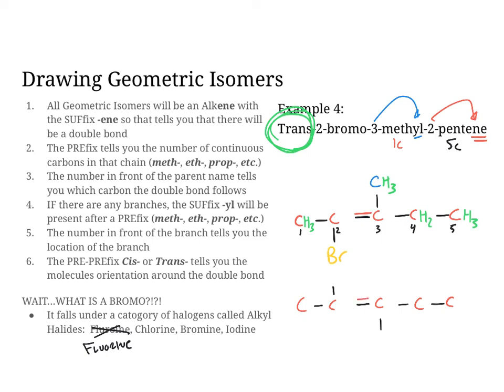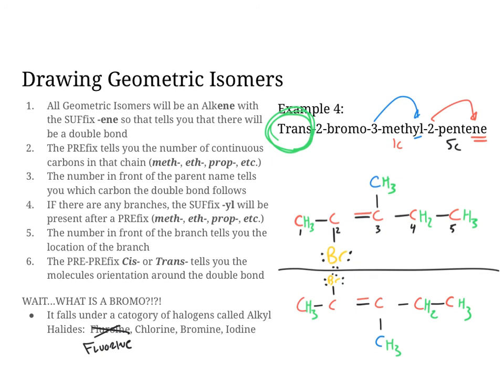So this would also be correct, as long as you have the appropriate number of carbons present and the appropriate number of hydrogens present, and the fact that they would be, in this case, on opposite sides of the double bond.